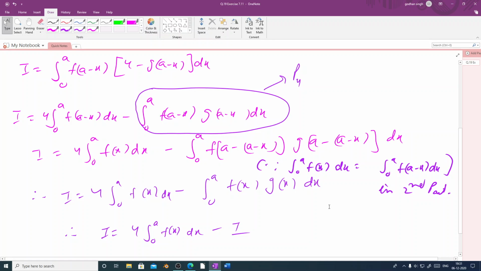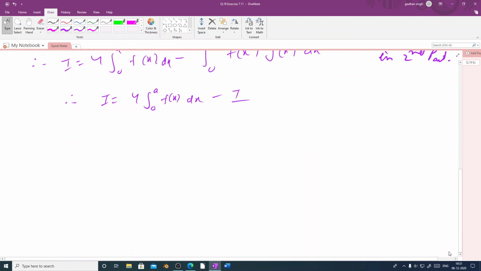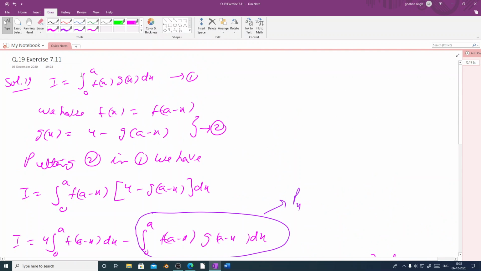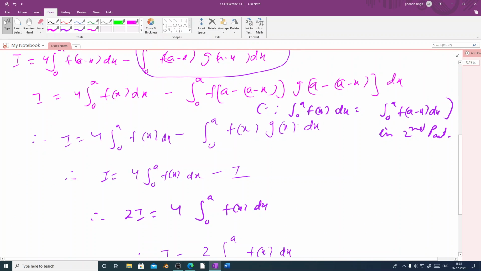Now simplifying this further, we'll be getting 2I equal to 4 times 0 to a f(x) dx. So this will give us I equal to 2 times 0 to a f(x) dx. Now moving back to our equation number 1, I we can replace with 0 to a f(x) g(x) dx.